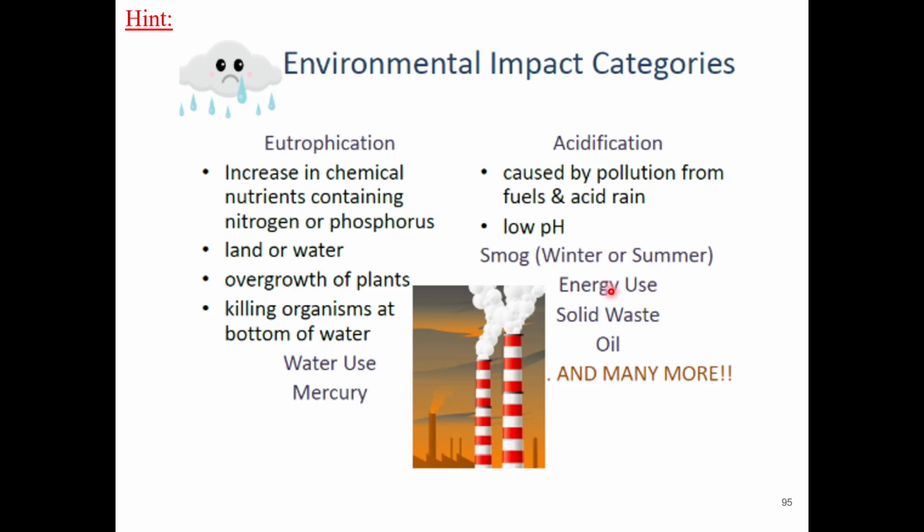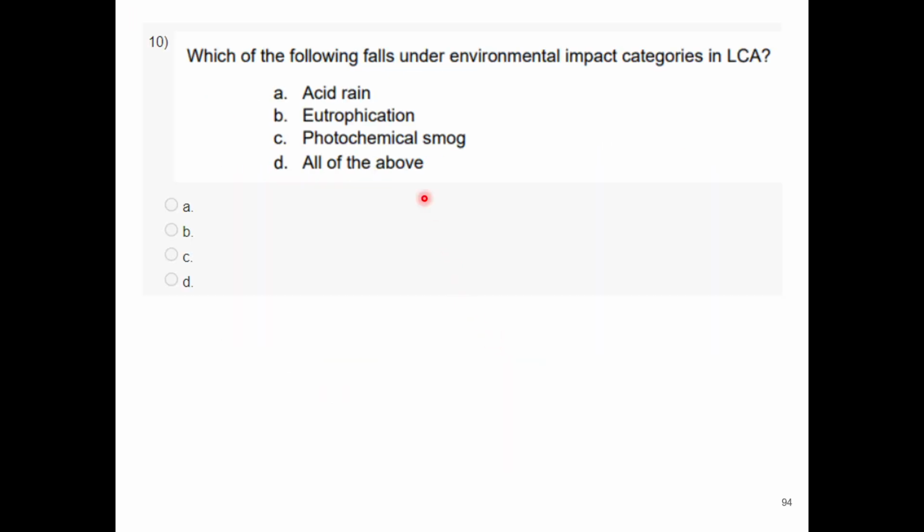And photochemical smoke is basically smoke itself. Photochemical is because the chemical reactions occur due to the presence of light. Photo is light, so photochemical smoke is smoke plus fog, and it occurs perennially, both winter as well as summer, because of the industries associated. That also falls under environmental impact categories.